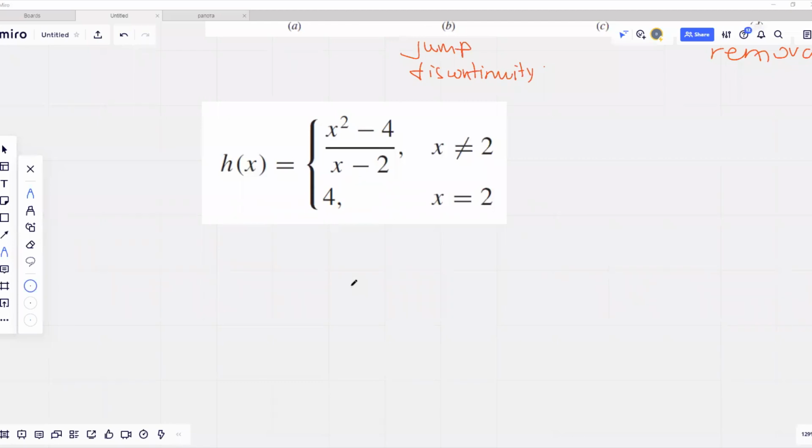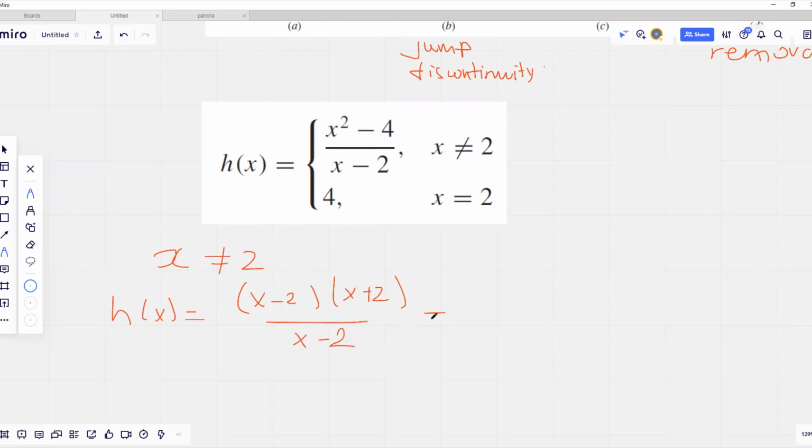Now let's take a look at the following example and determine whether this function here is continuous or not. First, let's consider the case when x is not equal to 2. Then h of x can be presented as (x minus 2)(x plus 2) over (x minus 2).